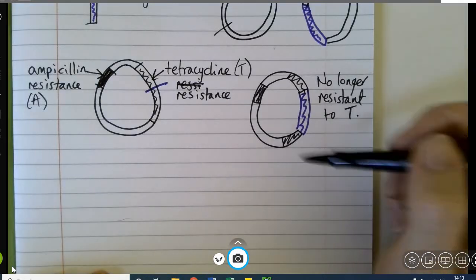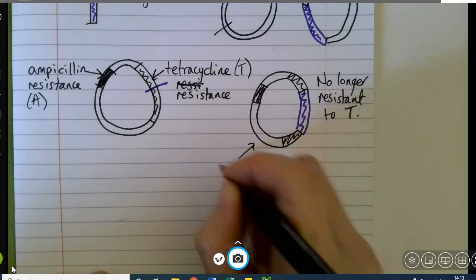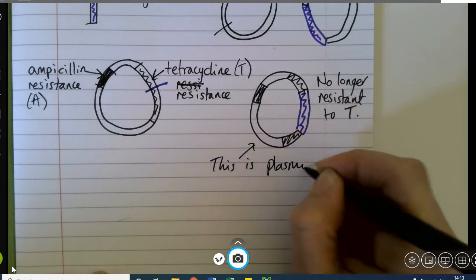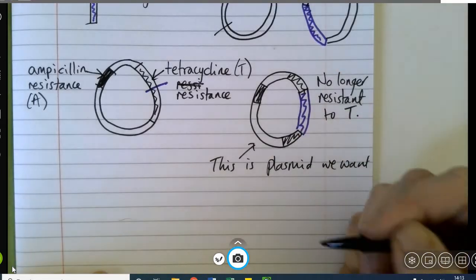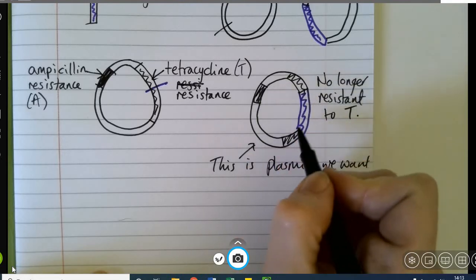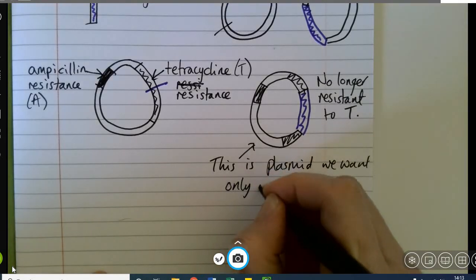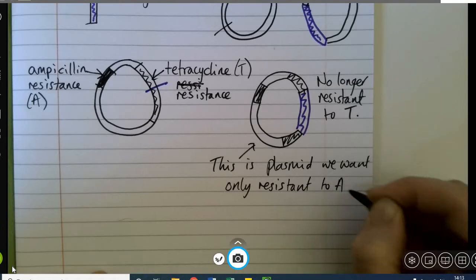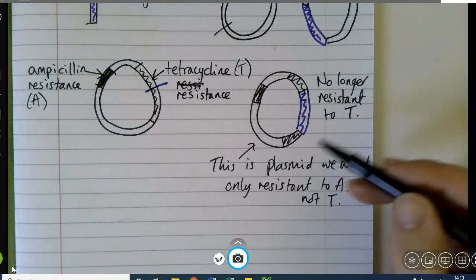So any bacteria that contain this plasmid in the form we want, so this is the plasmid we want, any bacteria that contains this plasmid will be resistant to ampicillin, but it's not going to be resistant to tetracycline anymore. So it's only resistant to A, not T. So just abbreviate it.